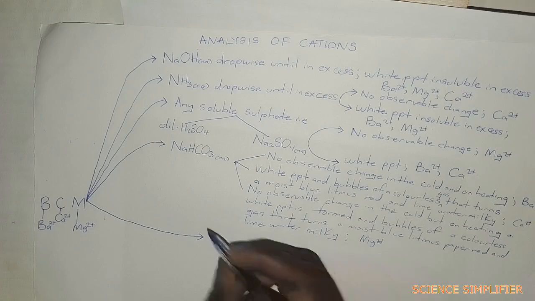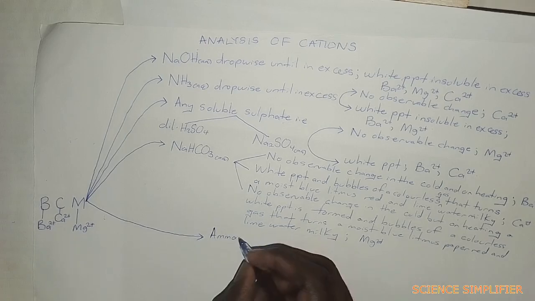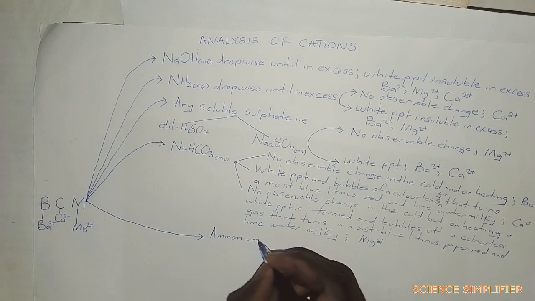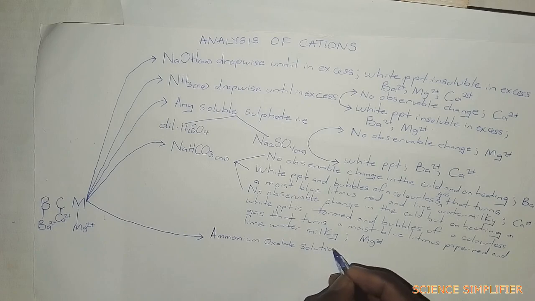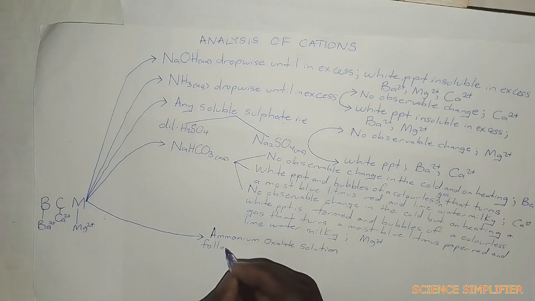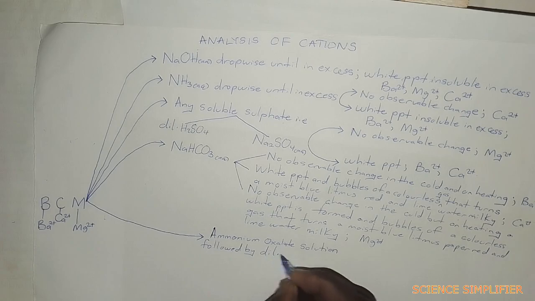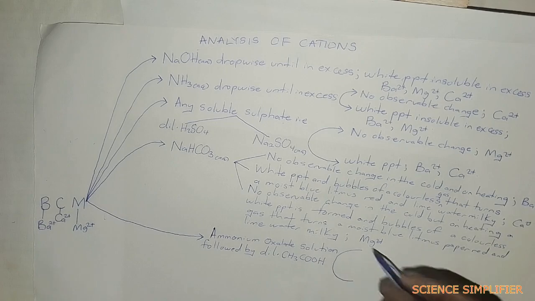Here we can add ammonium oxalate solution, followed by dilute acetic acid, or you can call it ethanoic acid. Here we are having 3 observations.